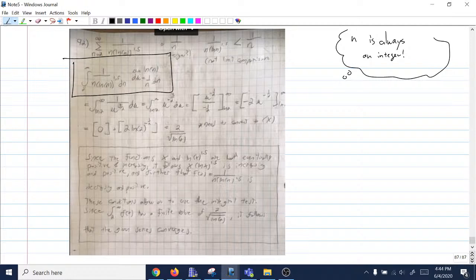Since the functions x and log x to the 1.5 are both eventually positive and increasing, it follows that x log x to the 1.5 is increasing and positive, and that this is decreasing and positive. This all works. It feels a little bit weird to be starting from the fact that log x to the 1.5 is positive and increasing. It's true, and the reason I can look at that and know that it's true is because log x is positive and increasing.